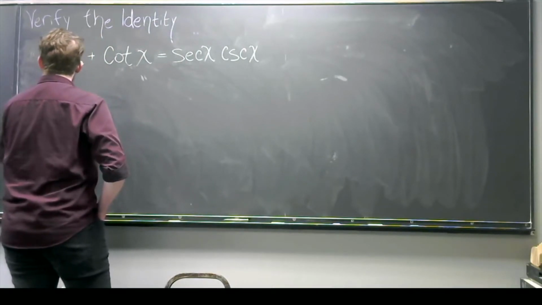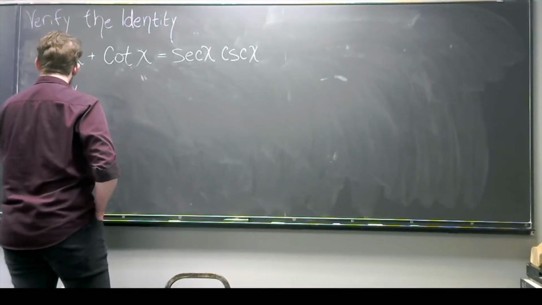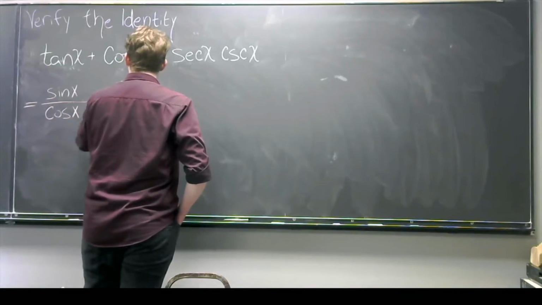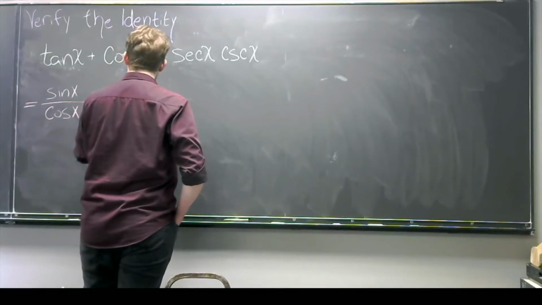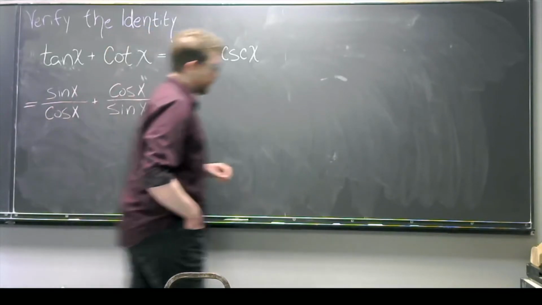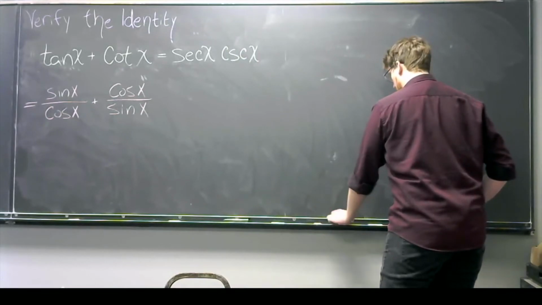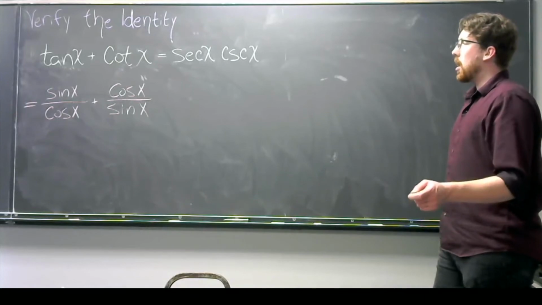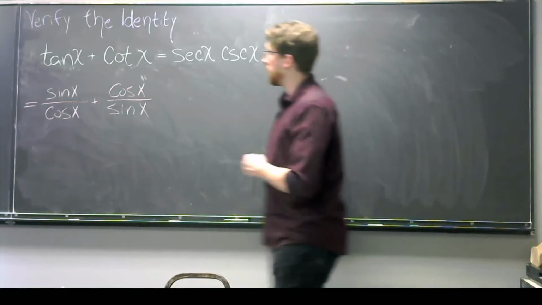This is equal to sine x over cosine x plus cosine x over sine x. Now, I'm going to skip a step here, but I'm going to tell you what it is I'm doing.